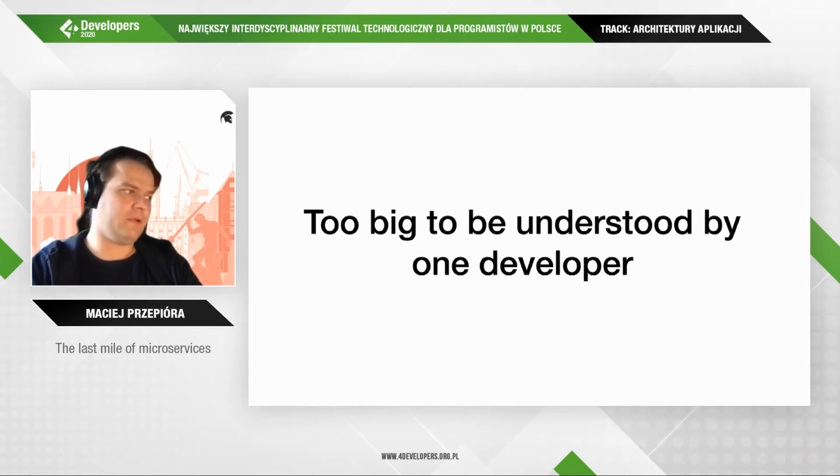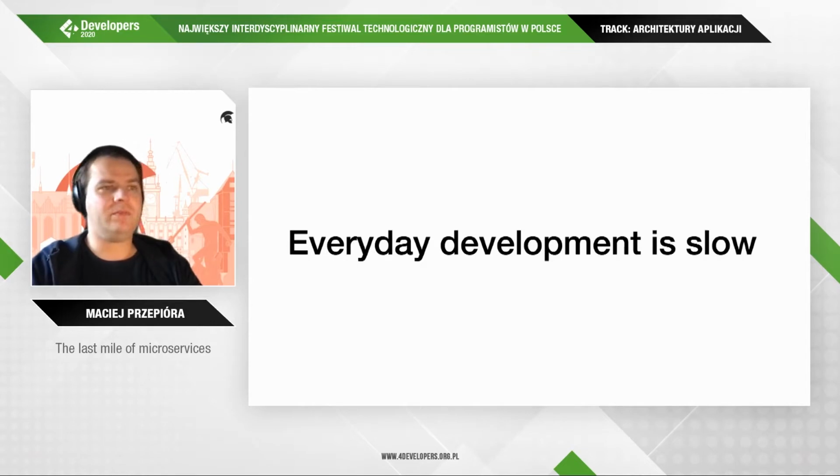Only a few key employees in the company know the core or most of the stuff and know how to do things. So only those few people are really productive. Everyday development is very slow because, basically, you need to understand all the intricacies. You need to understand all the dependencies that you want to use. So everyday development is slow.